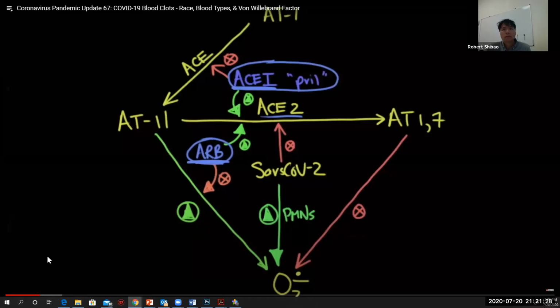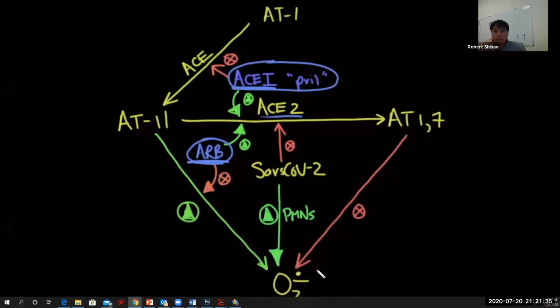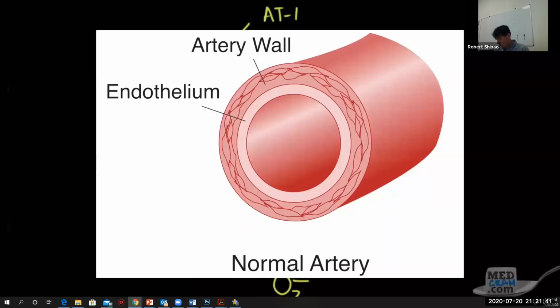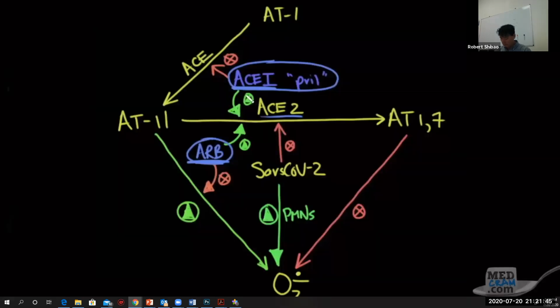I wanted to continue our discussion about ACE2 and superoxide. So we said that superoxide was a bad thing, that it caused endothelial dysfunction, the endothelium being the lining of your vasculature. And we said that there were a number of things that happened when ACE2, this enzyme that was inactivated by SARS-CoV-2, went down.